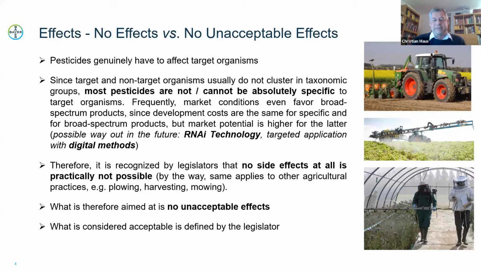It is frequently even the case that market conditions favor broad-spectrum products over specific products. There may be approaches for a way out in the future, like RNAi technology or targeted applications with digital methods, but this is just a side remark.